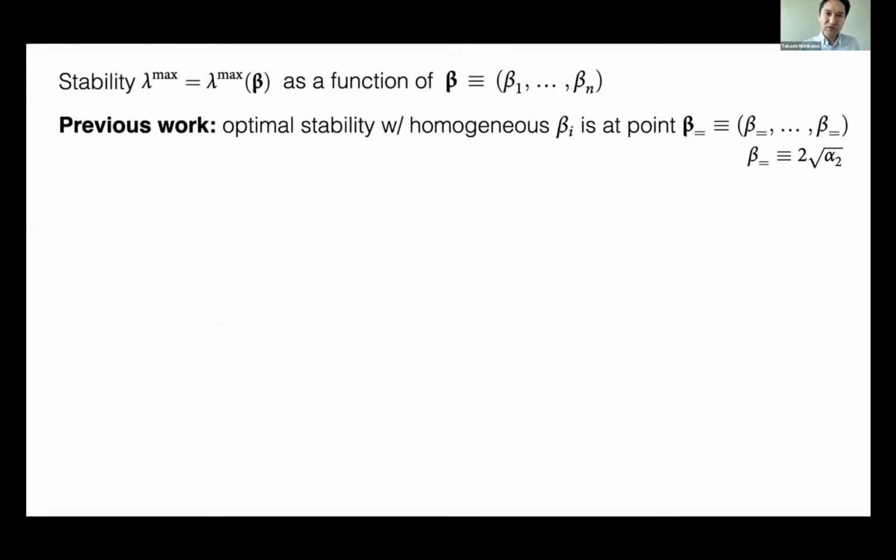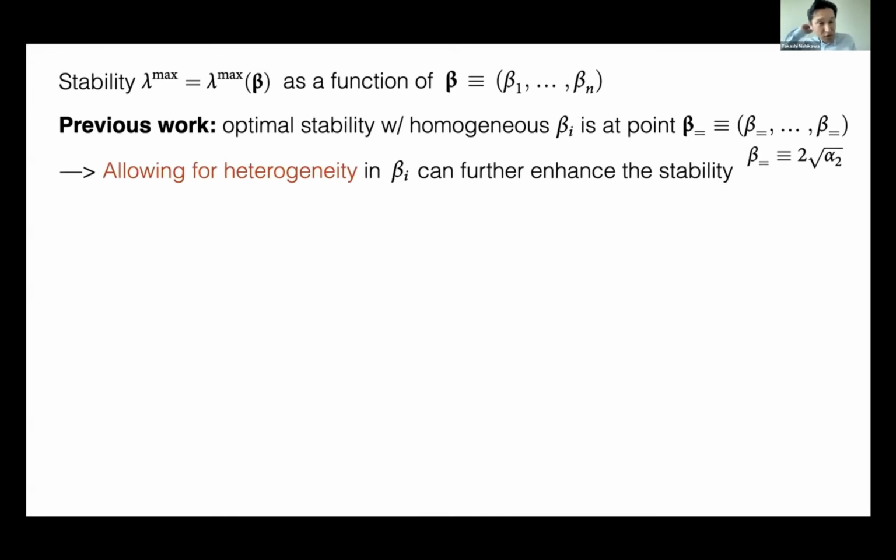And our previous work has shown that under the constraint that beta sub I are homogeneous, the optimal stability is actually obtained in this special point where alpha 2 is the smallest non-zero eigenvalue of the coupling matrix P. Here, we found that allowing for heterogeneity in beta sub I can further enhance the stability.